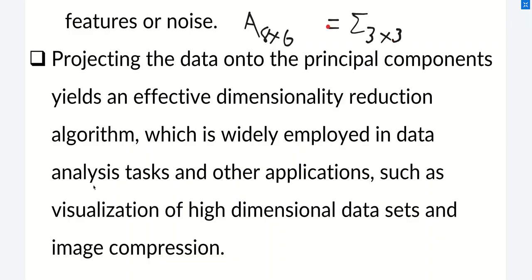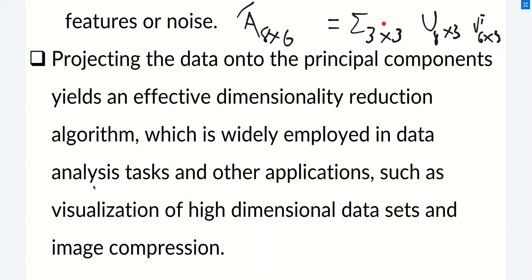And it even affected the U. If I recall, the U was 8 by 3, sorry, 8 by 3, and the VT was, I think, 6 by 3. Yes. So we have decomposed it now to a lower dimension.